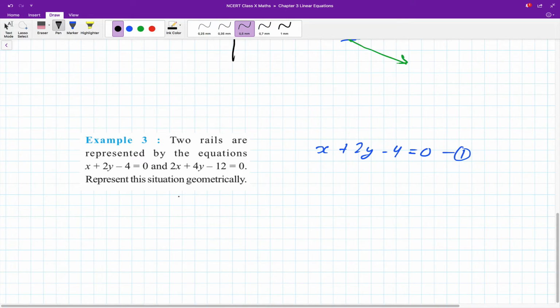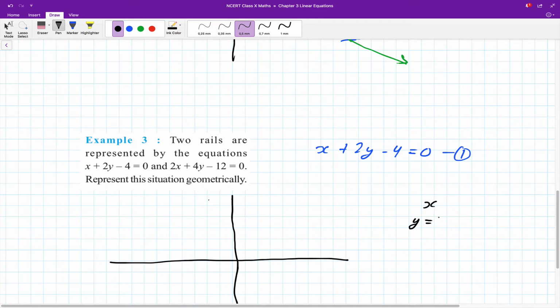Let us quickly represent it on a graph. y is (4 minus x) by 2. So if you have x as 0, you have y as 2. If you have x as 4, you have y as 0. So we got our 2 points.